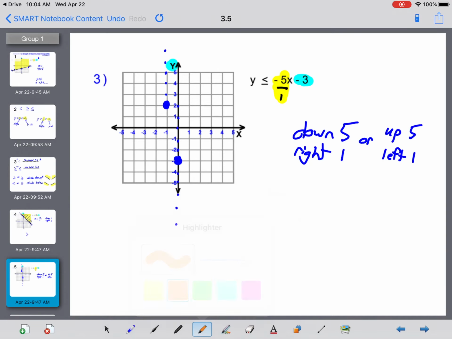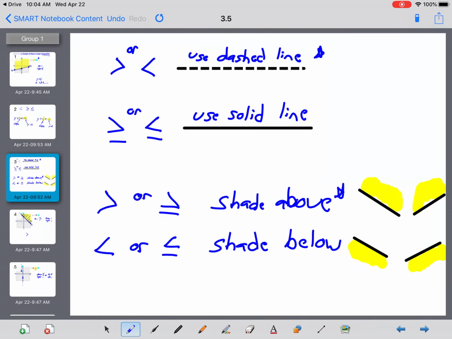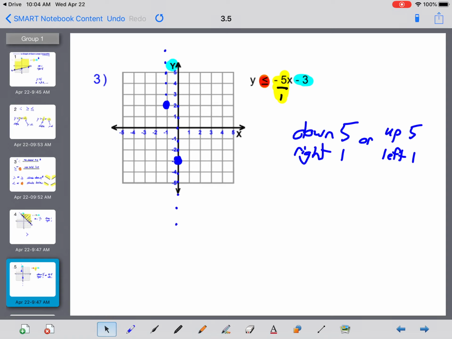Now our inequality symbol is less than or equal to. If I go back to my chart, less than or equal to is right here. That means a solid line, and it also means to shade below. So we'll go back to our example.